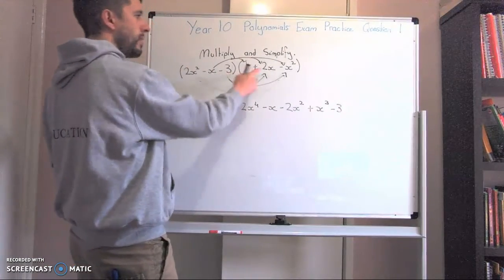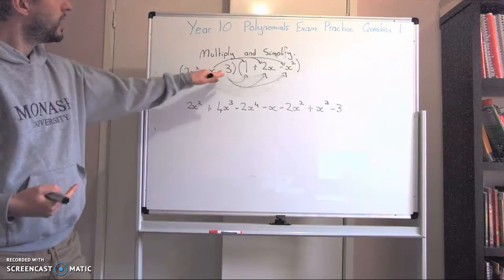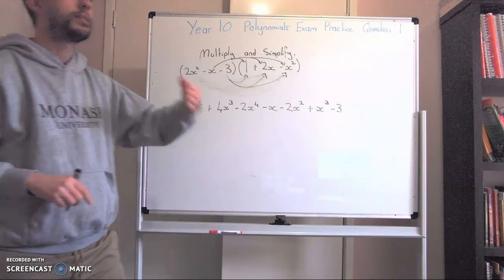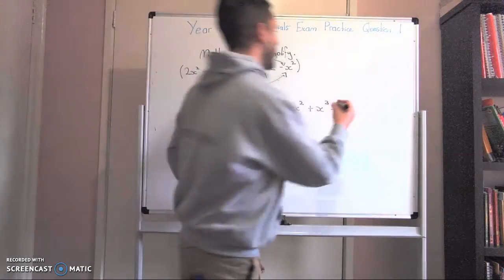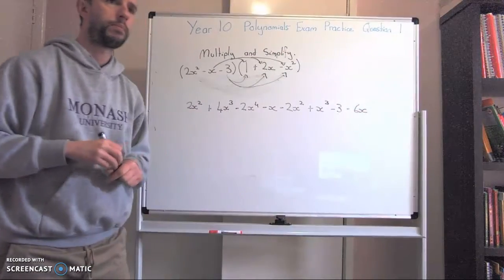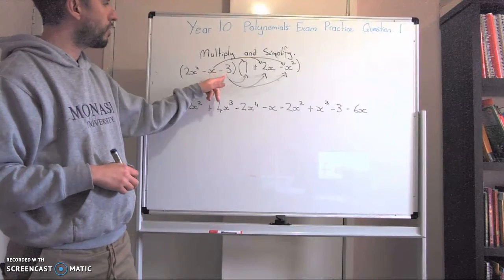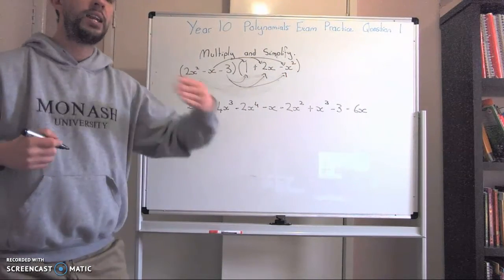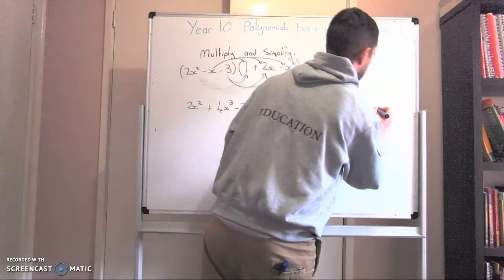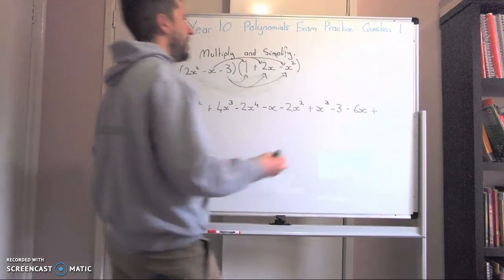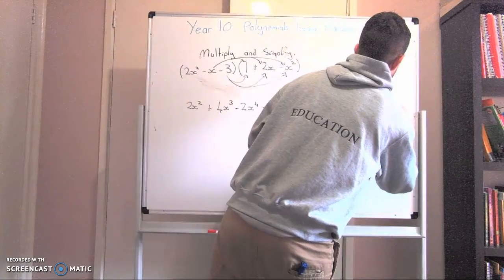Then negative 3 times 2x: negative 3 times 2 is negative 6, so it'll be negative 6x. And finally, negative 3 times negative x squared: a negative and a negative is a positive, and then I've got 3x to the power of 2.